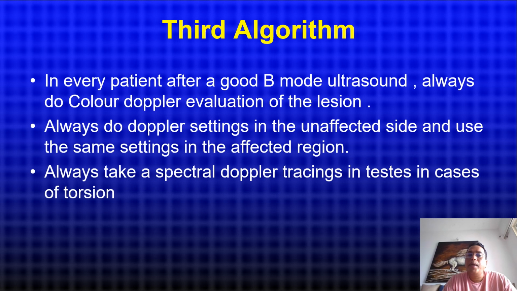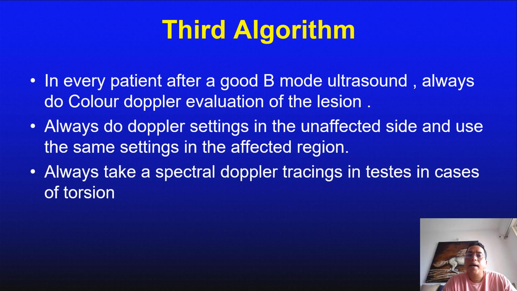Color Doppler evaluation is very, very important, and whenever you do the Doppler evaluation of the affected side, always go to the unaffected side first, set your machine, and use the same settings on the affected side.